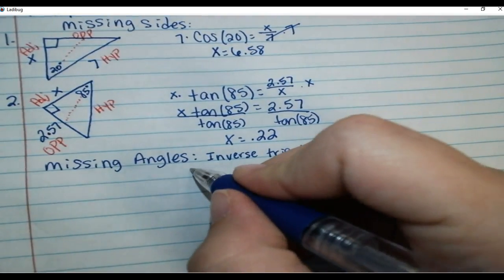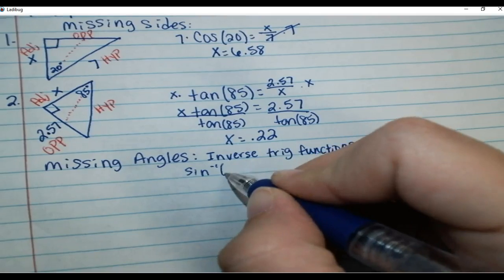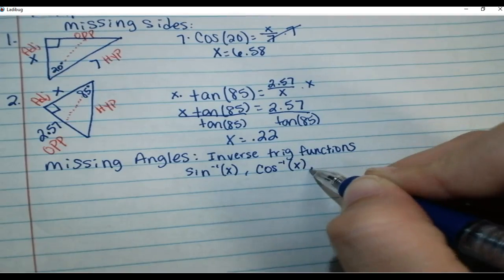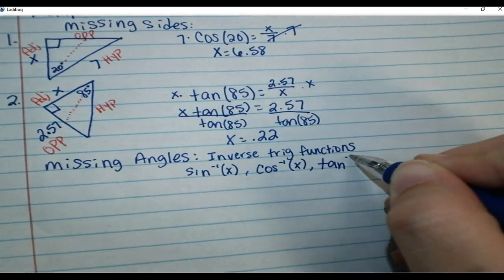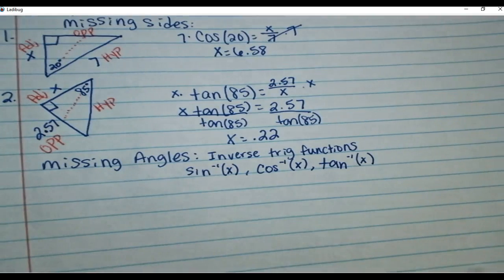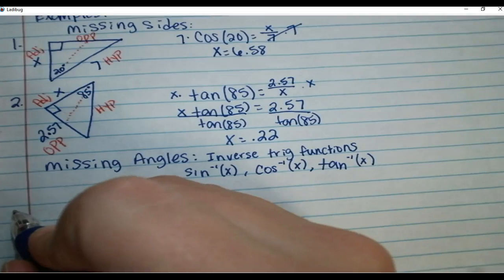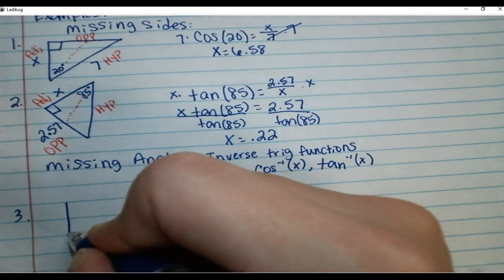And so those are sine to the negative 1, cosine to the negative 1, and tan to the negative 1. And so to get those on the calculator, you hit second and then sine, second cosine, or second tan, depending on which one that you need. So let's do one.